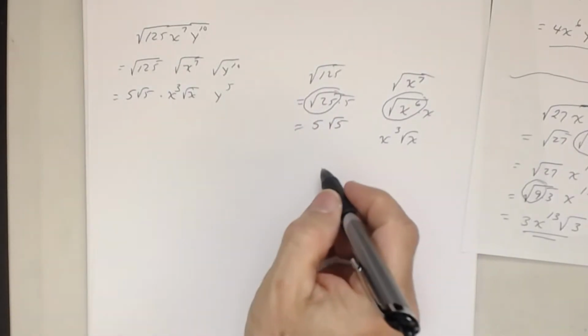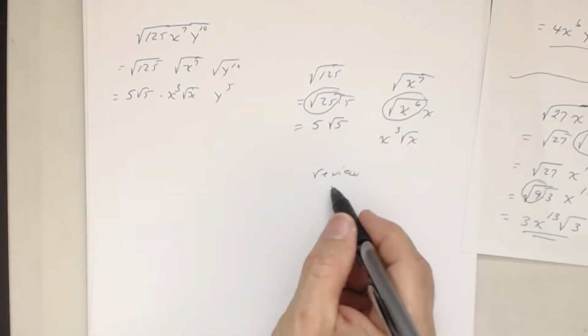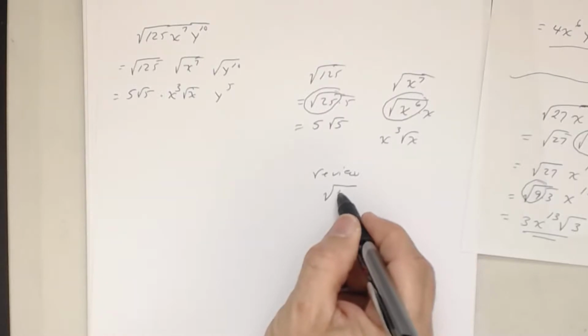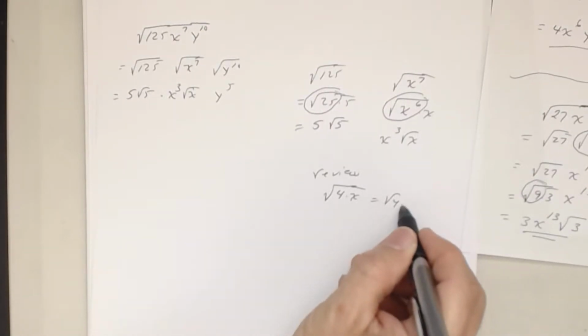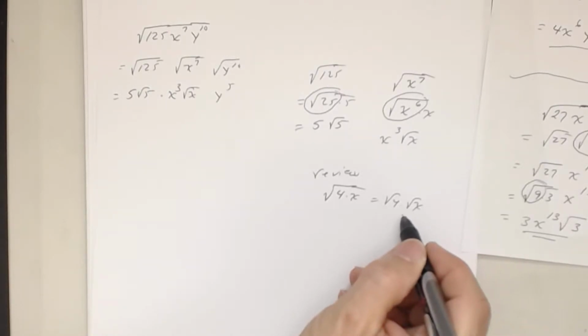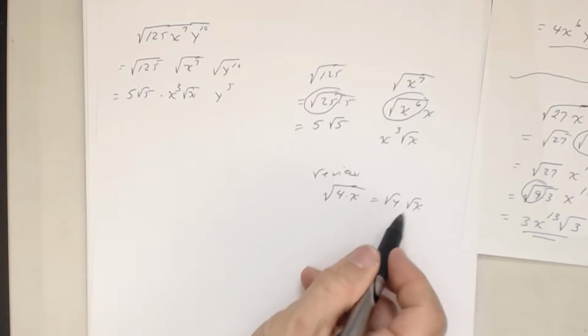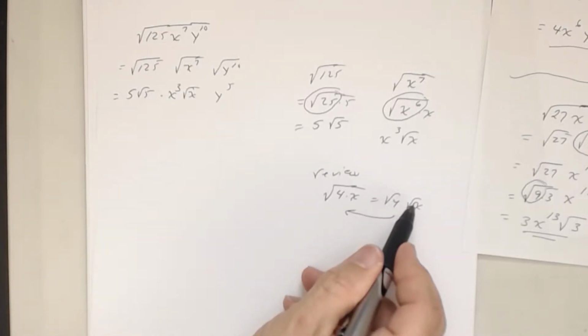Something else you got to remember is this. You remember when we split this up, when I said 4 times x, and I said that's the square root of 4 times square root of x, right? Yeah. So I wrote the square root of a product as a product of 2 square roots. So you can go backwards as well. So the square root of 4 times the square root of x, you can write as 1 square root.